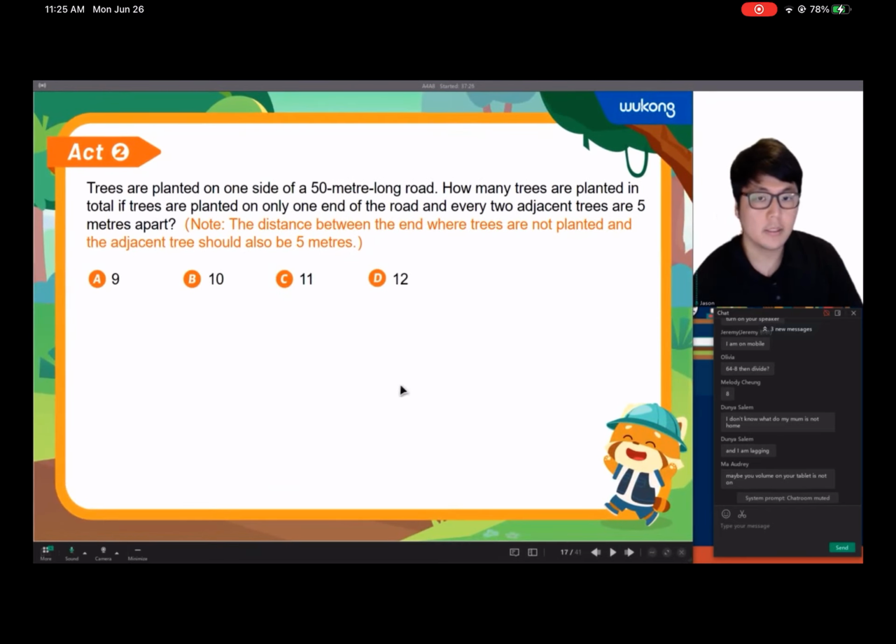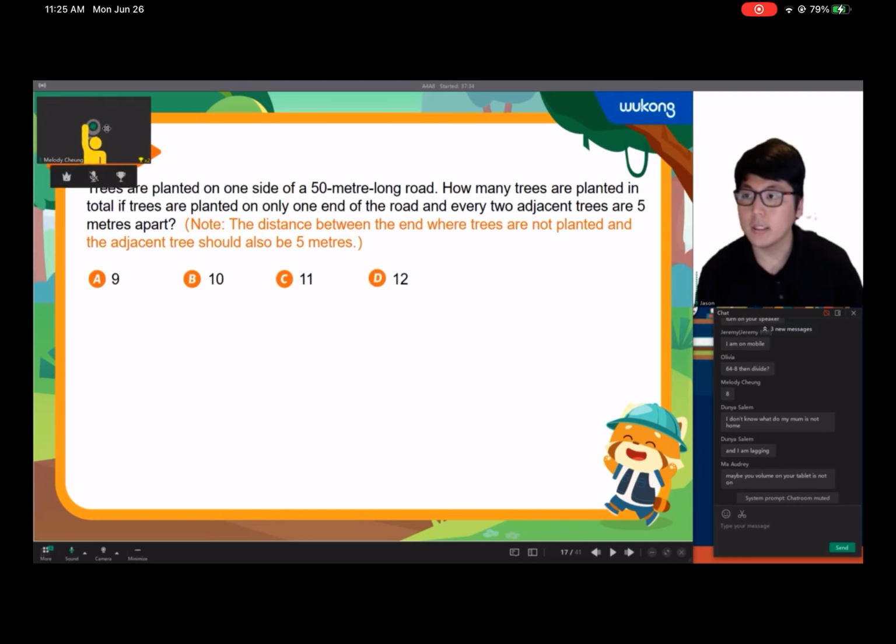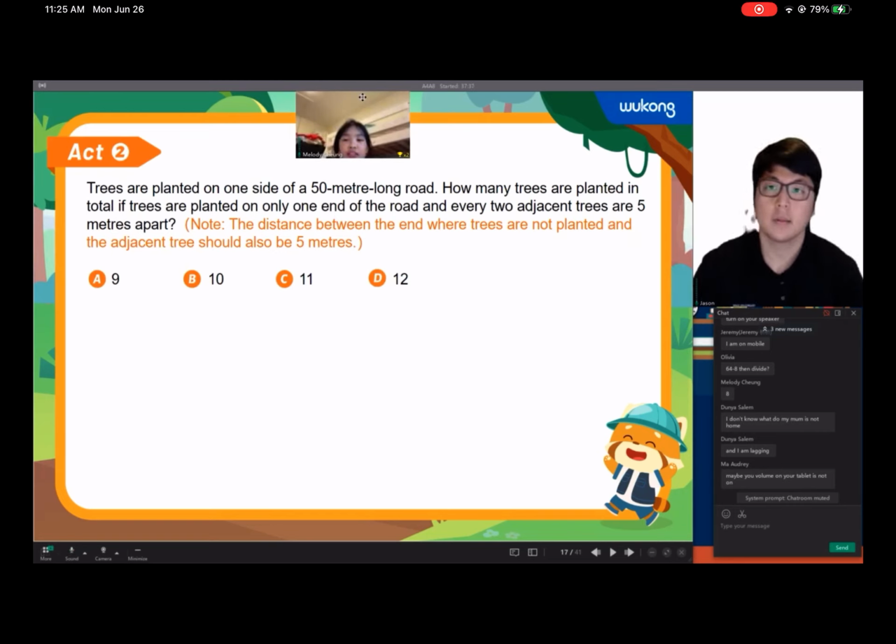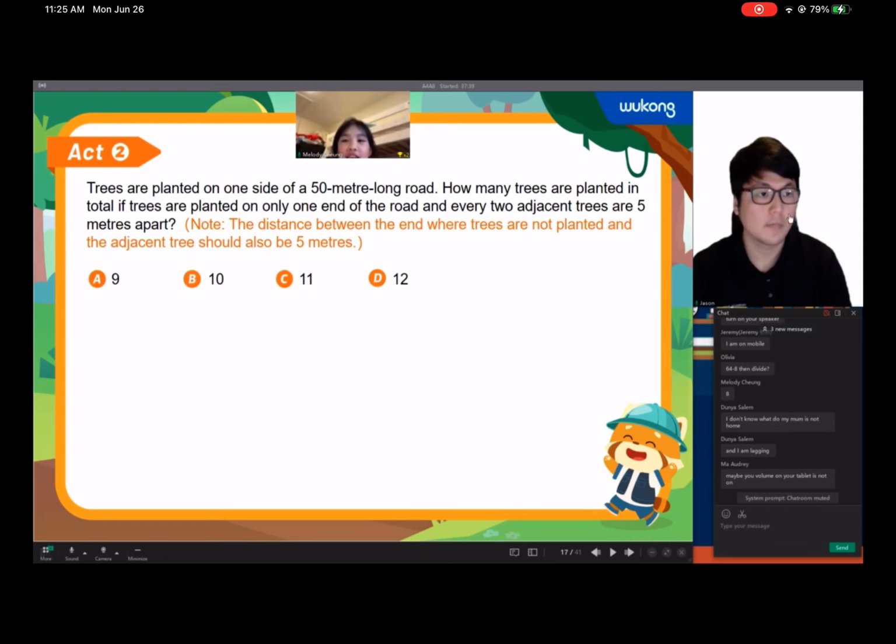And yep, let's get somebody to help me out as well. So click the raise your hand button if you want to explain. Okay, Melody. Hello, Melody. So this is mostly 50 divided by 5 equals 10. So it's 10. Yep, that's right.